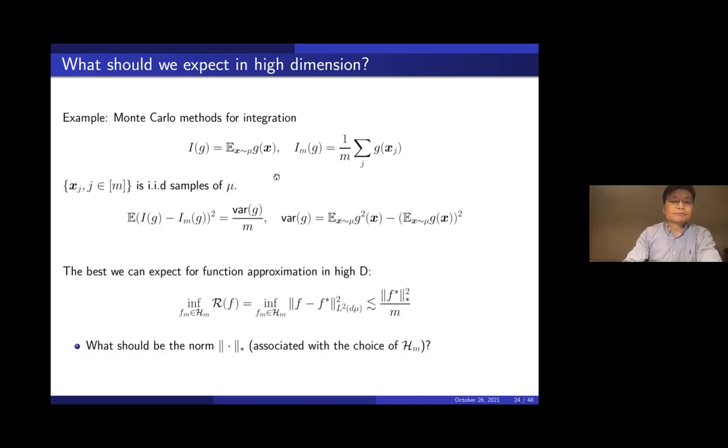If you do usual quadrature, it has the curse of dimensionality. If you do Monte Carlo, then the error goes like 1 over square root of m. There's no 1 over d in the exponent. So the convergence rate is independent of dimensionality. Of course, the coefficient, the variance, could be very large, so that's why we have to do a lot of variance reduction.